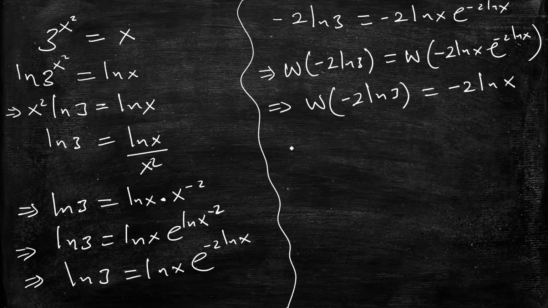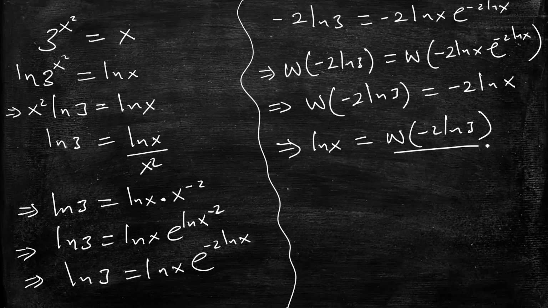Let's focus on the right-hand side since we have to solve for x. Let's remove the minus 2. I'll divide both sides by negative 2, which will leave ln of x equals the Lambert W of ln of that over minus 2.